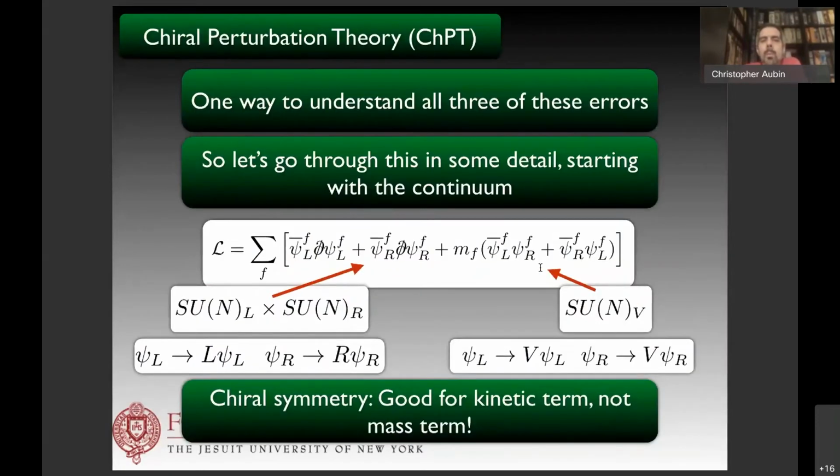Now, what we can do, and this is a theory that has been known since the late 60s, early 70s, is study what's known as chiral perturbation theory. And what's nice about chiral perturbation theory is that we've seen and we've said that you can't study QCD perturbatively. You can't use perturbation theory for QCD.